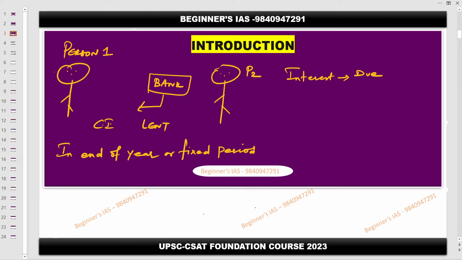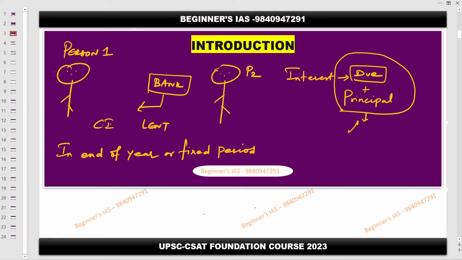That due amount is added to the principal. This due plus principal will now become some amount. For this amount, interest is calculated repeatedly. Then you call this compound interest.